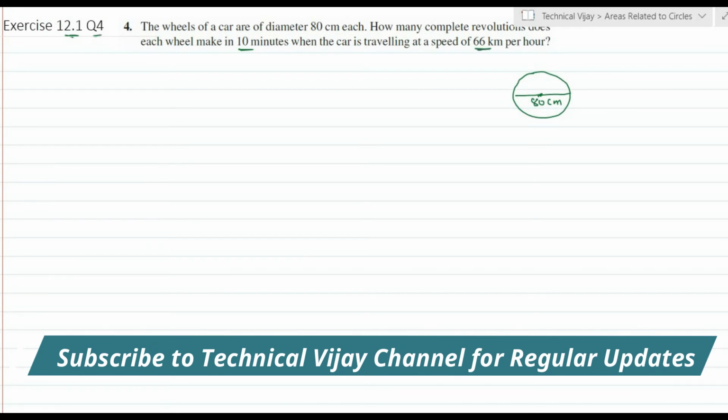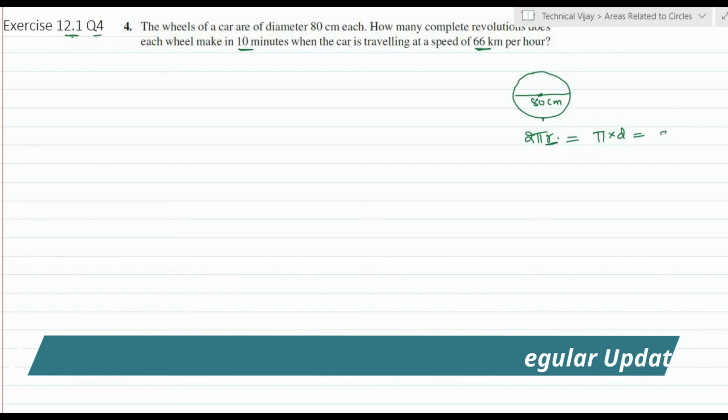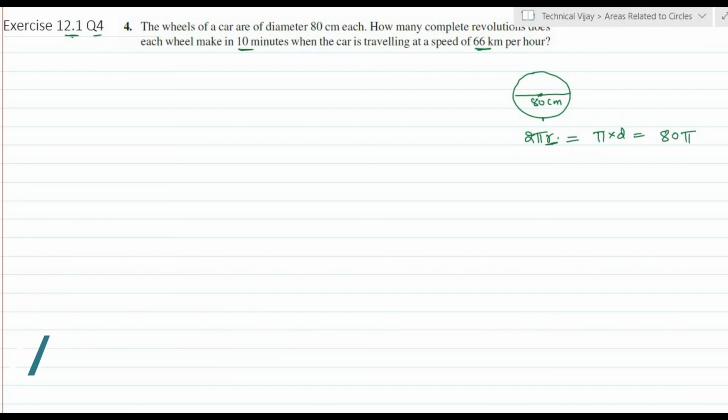So for one revolution, the distance is 2 pi r, which is nothing but pi into d. Here d is 80 centimeter, so the distance is 80 pi centimeter for one revolution.